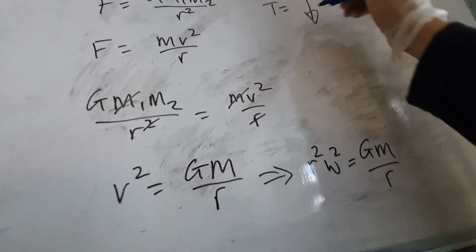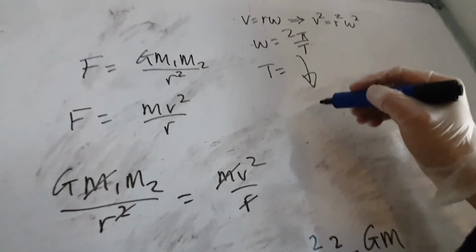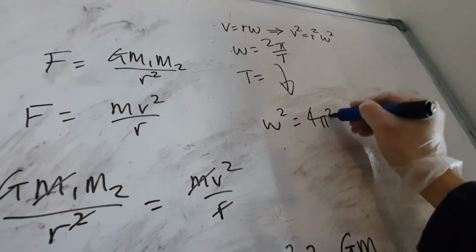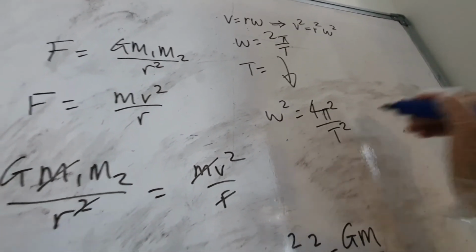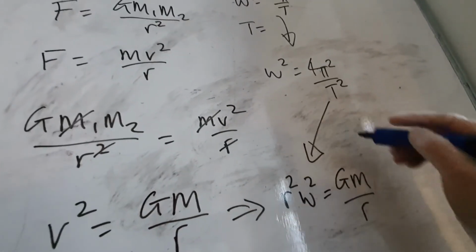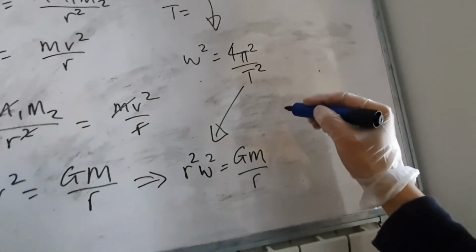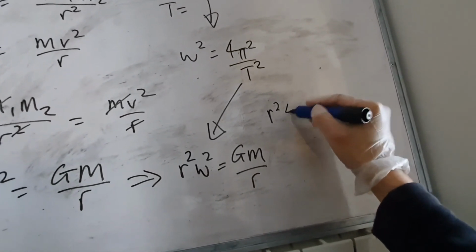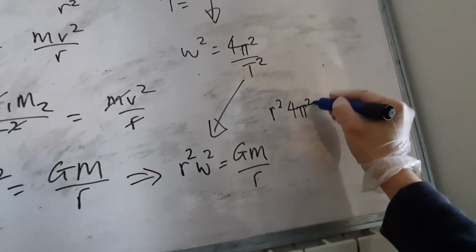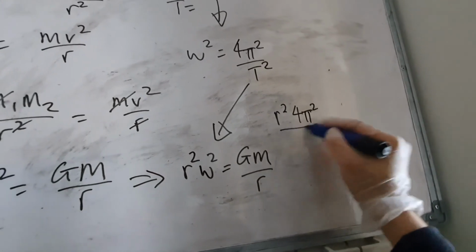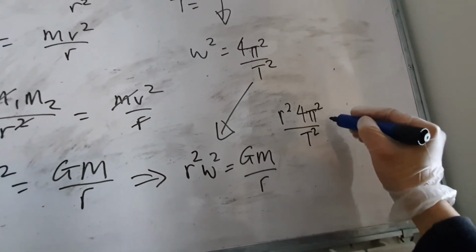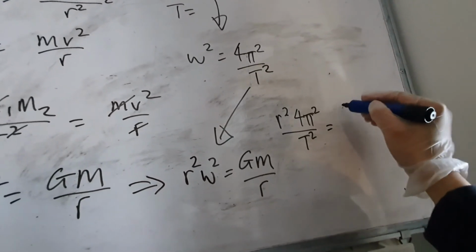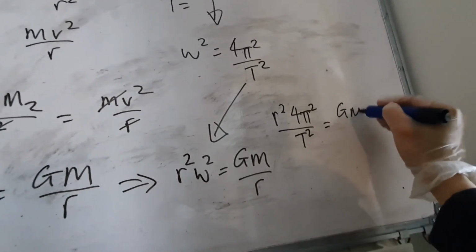You know that omega squared is equal to 4 pi squared over T squared. Put that into there. Now you have r squared times 4 pi squared over T squared is equal to GM over r.